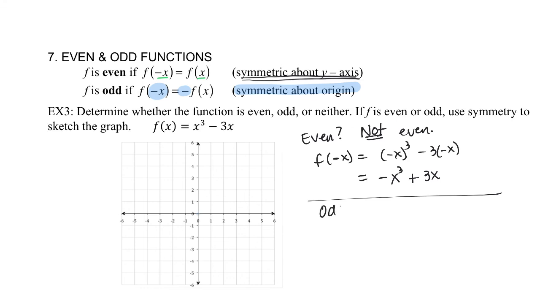Okay, let's see if it's odd. On these ones, we check to see if the opposite of the input makes the opposite of the function itself.